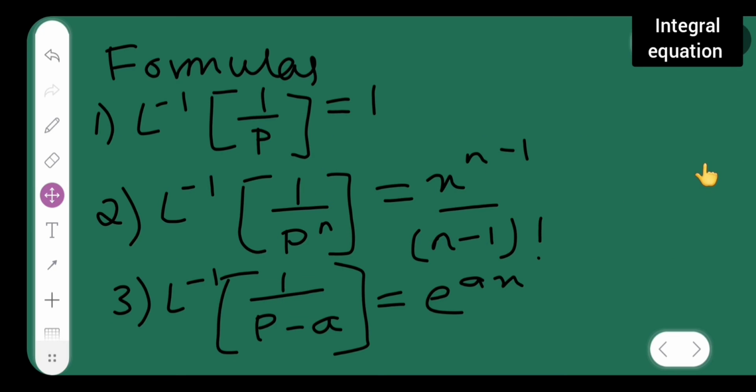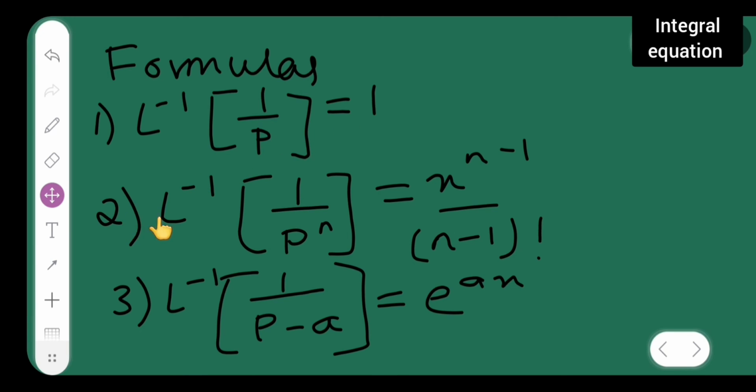Next, I'll turn the page. We will be doing the formulas now. So these are the formulas for the inverse Laplace transform. First, L inverse of 1 upon p is equal to nothing but 1.